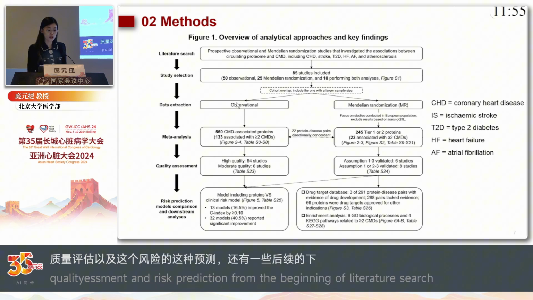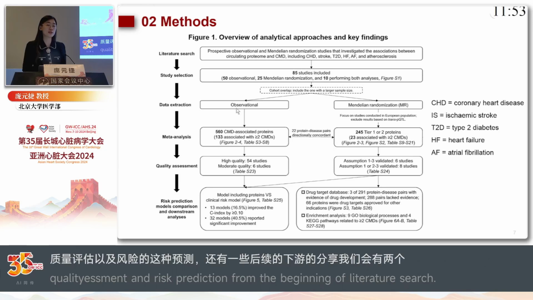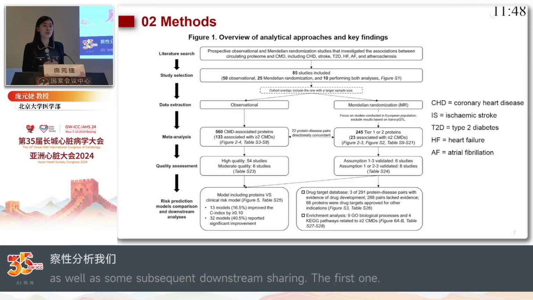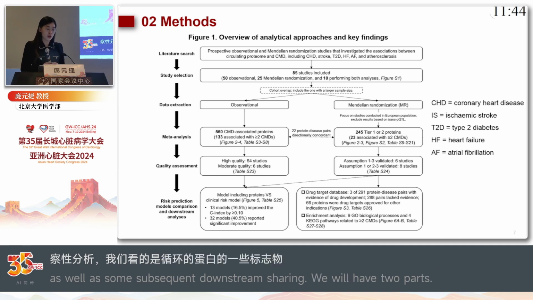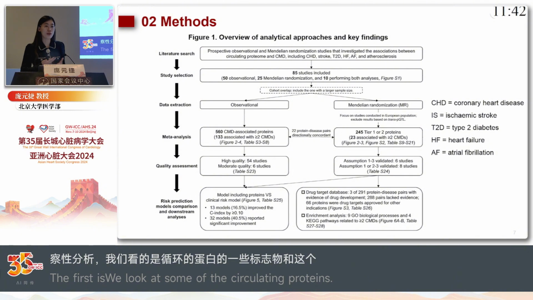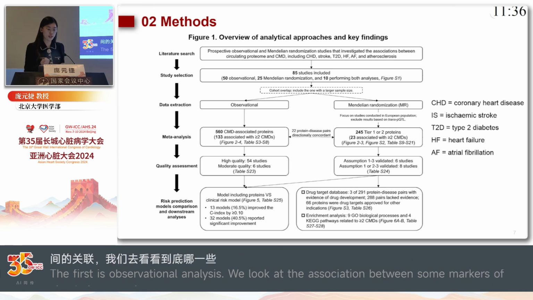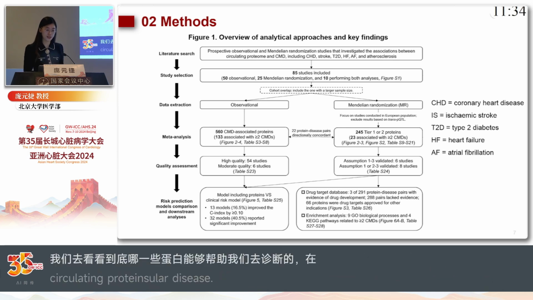The first part is the observational analysis, looking at circulating proteomics biomarkers and the relationships with incident cardiometabolic diseases. So we can assess whether key proteins could improve risk prediction over traditional predictors such as smoking, alcohol, obesity.